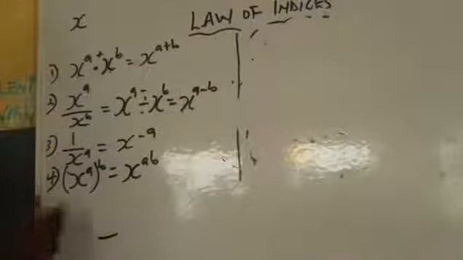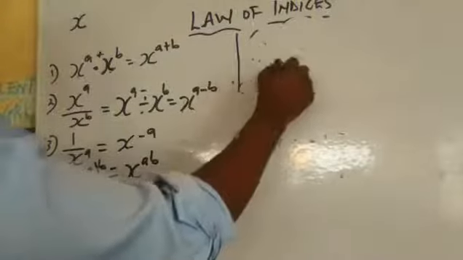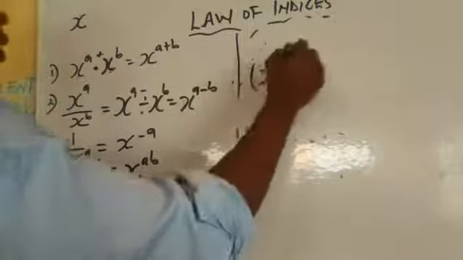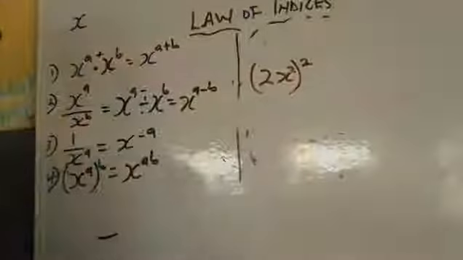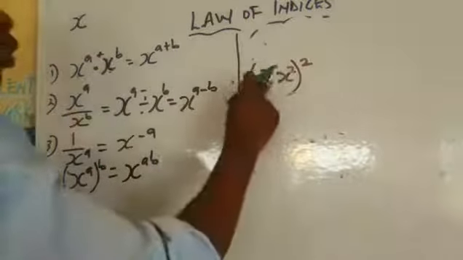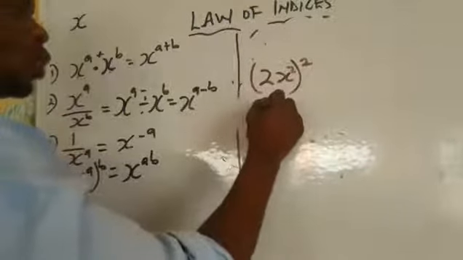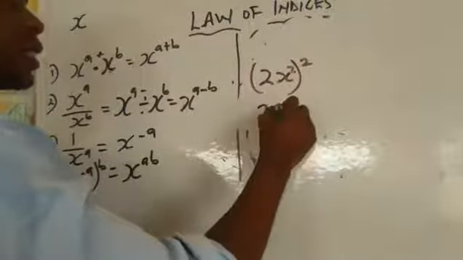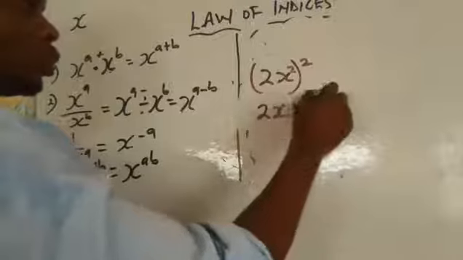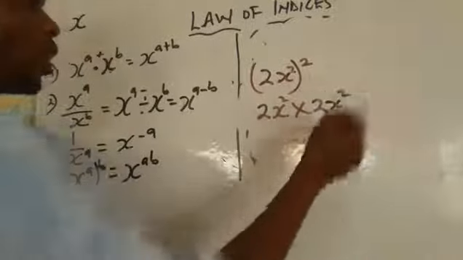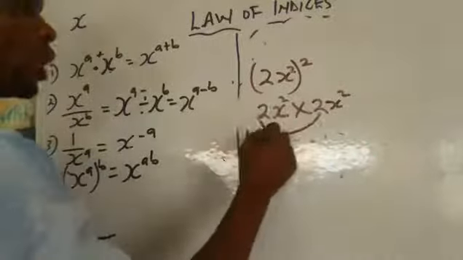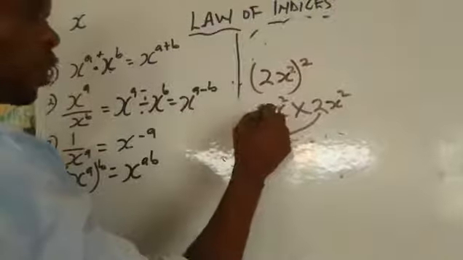Then the last one, when you have (2x) in brackets raised to power 2, it means all of the value here is in 2 places. This will be 2x times 2x. So it can be 2 times 2, that will be 4, the coefficient.